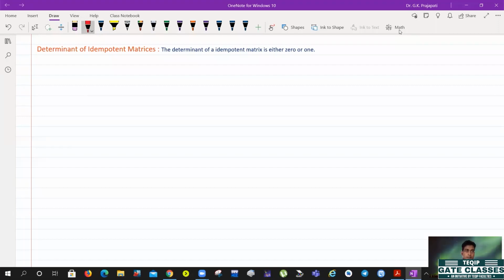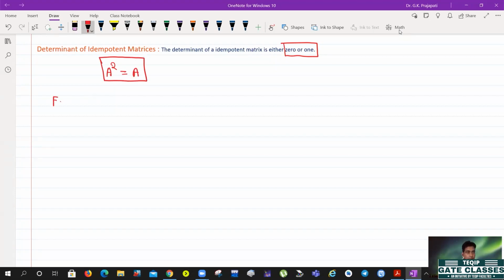Next one is the determinant of idempotent matrices. The determinant of idempotent matrices will be either 0 or 1. So first of all, what are idempotent matrices? A matrix A is said to be idempotent when it satisfies A square equal to A. This is the definition of idempotent matrices.